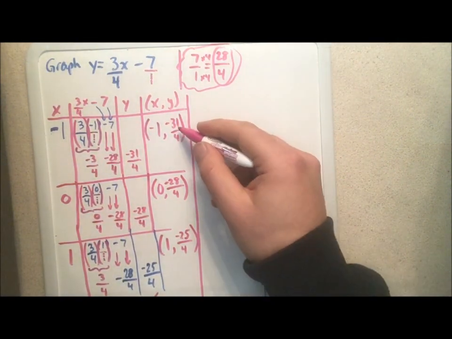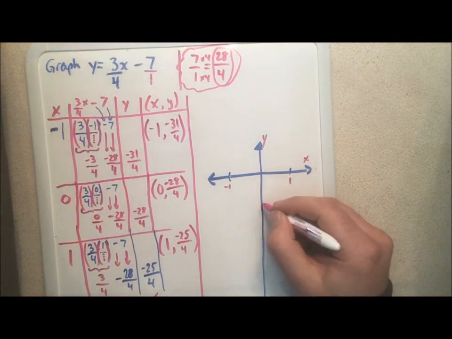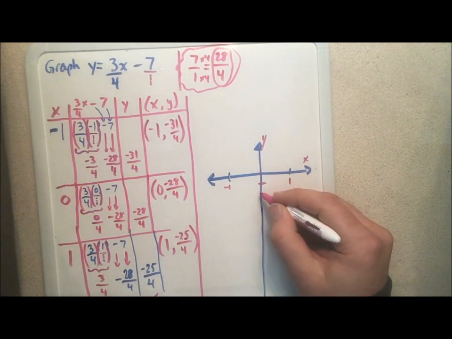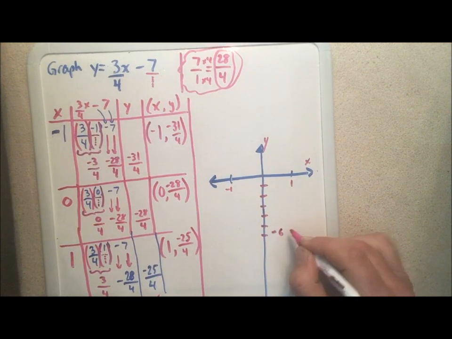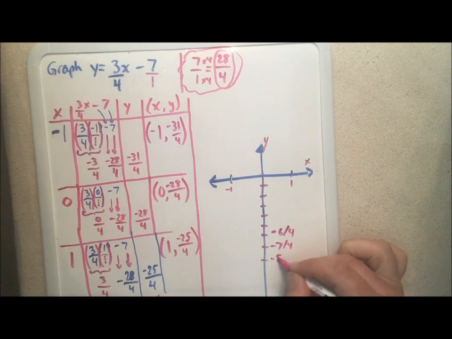Now, okay, 31 over 4. Normally I would have to go like 1, 2, 3, 4, 5, 6, 7, 8, 9, and all the way down to 31, and that would take forever. But I could do that. 2, 3, 4, 5, 6. Okay, negative 6 over 4, negative 7 over 4, negative 8 over 4, negative 9 over 4.